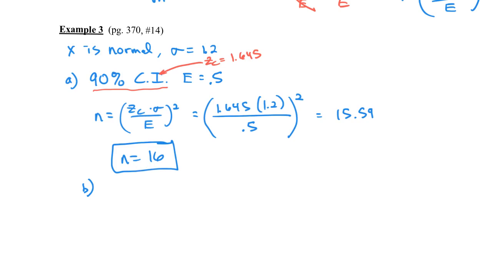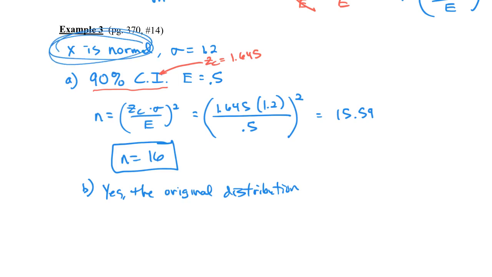So to answer this question, we can just say yes, the original distribution is normal. The original distribution is this X distribution that they said is normal. So the original distribution is normal. So the X bar distribution will also be normal. So that's how you use that formula.